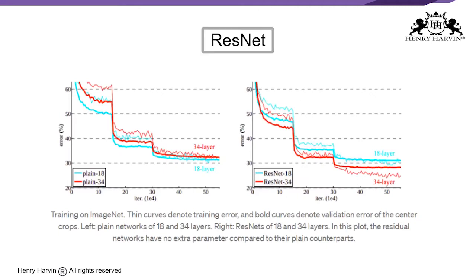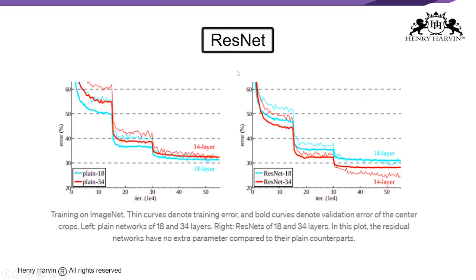Here you can see that they have plotted the training loss, the decrease of loss with respect to the different iterations.